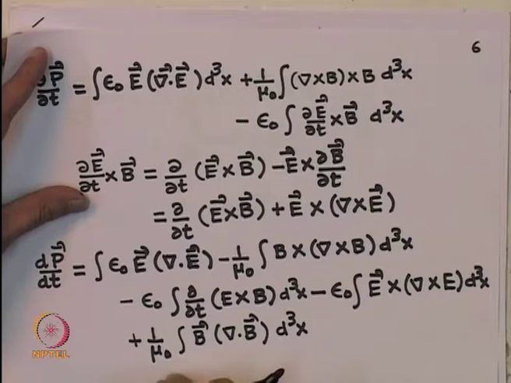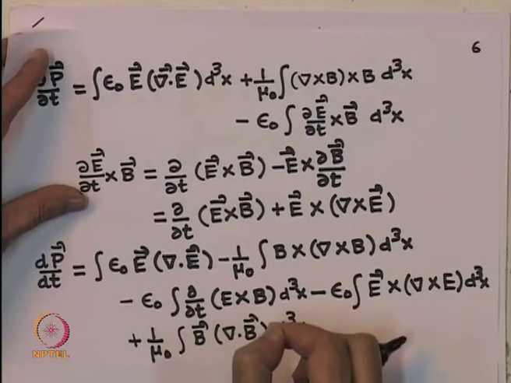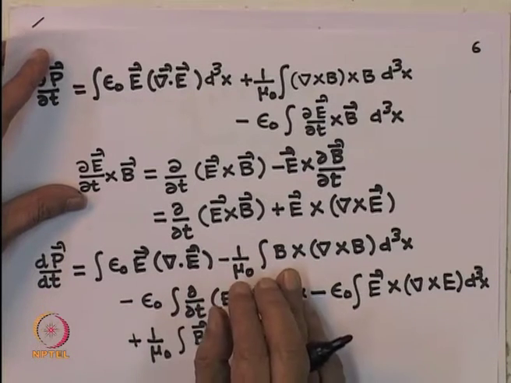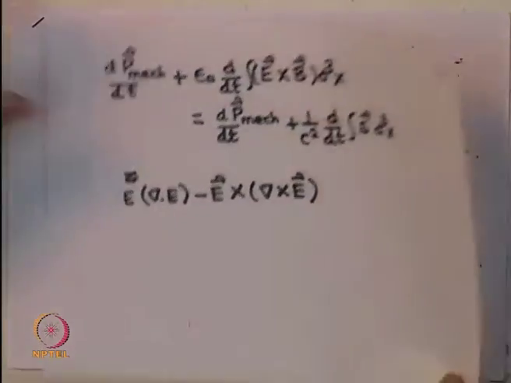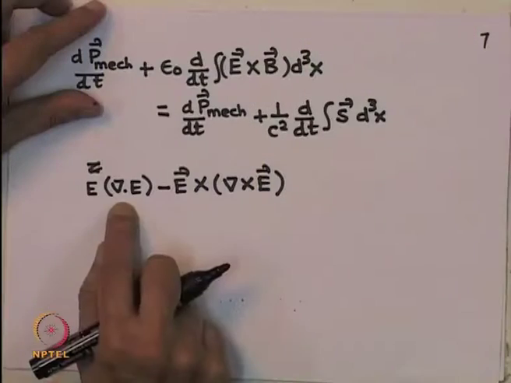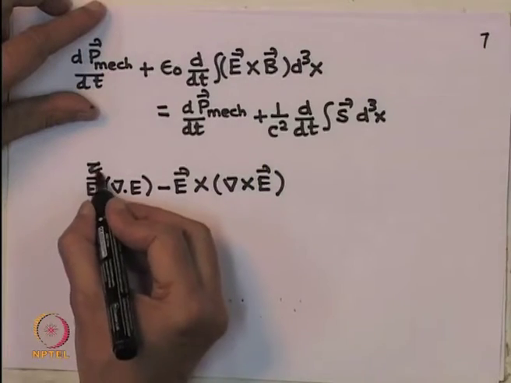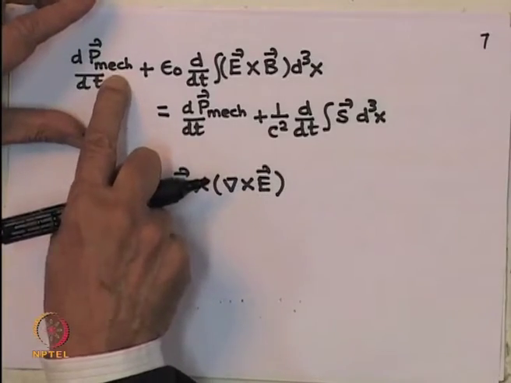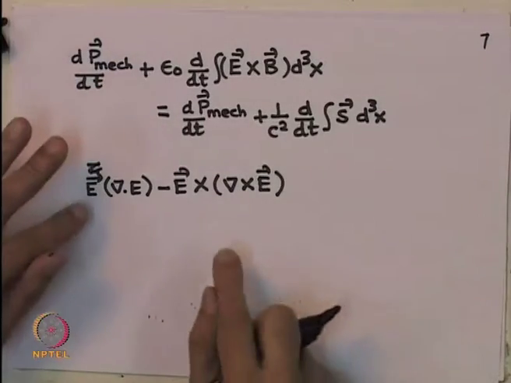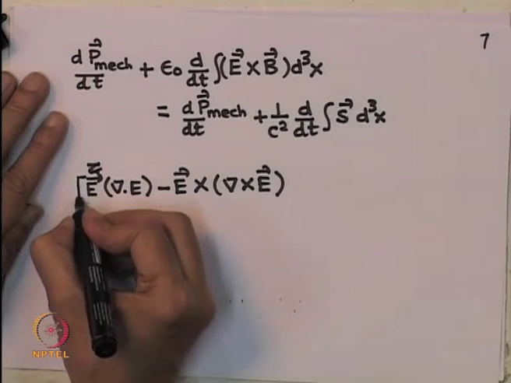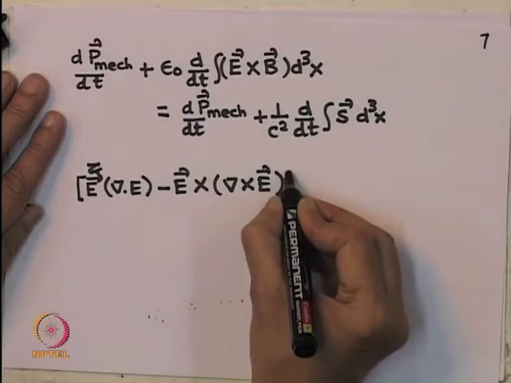So, I will carry out the algebra for one of those fields and I will simply substitute it at a later stage for the magnetic field as well. So, let us look at what I have. I have this expression E del dot E minus E cross del cross E. This is of course a vector, but then I expect that. Now, to find out its form, what I am going to do is to find out the components of this.